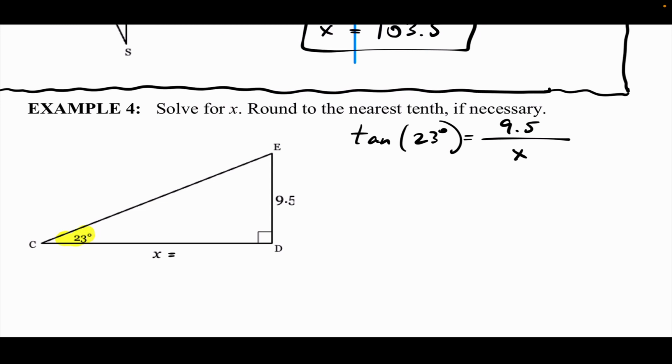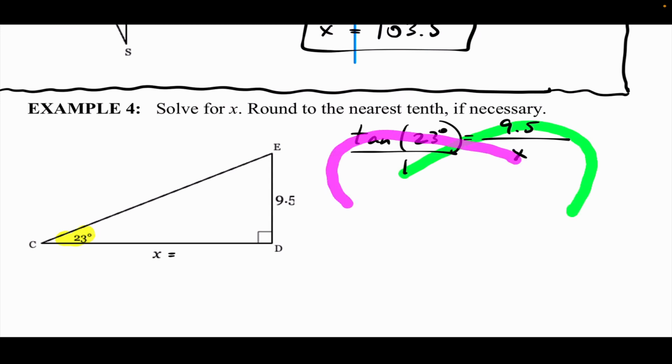Okay. I'm going to turn this guy into a fraction, and I'm going to do my diagonal or cross multiplication. So I have tangent of 23 degrees times x equals 9.5 times 1, which is just 9.5.